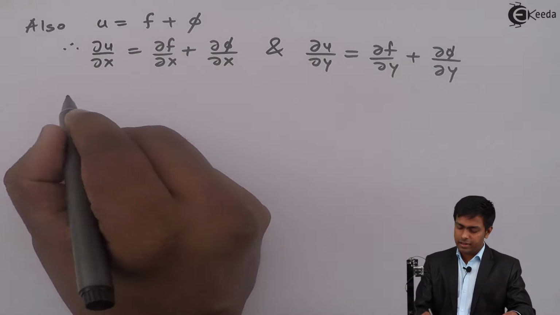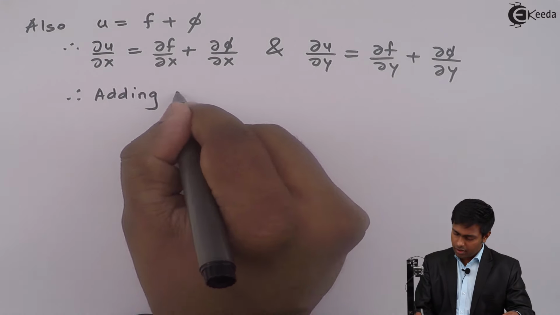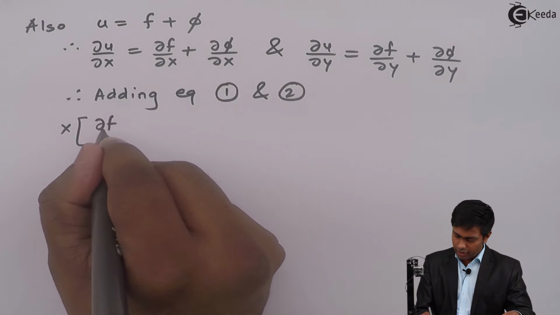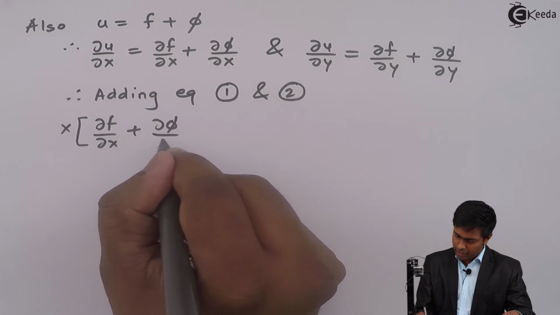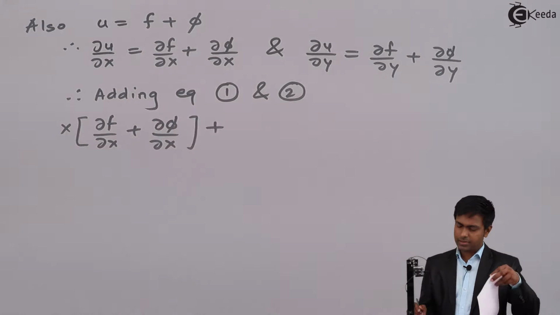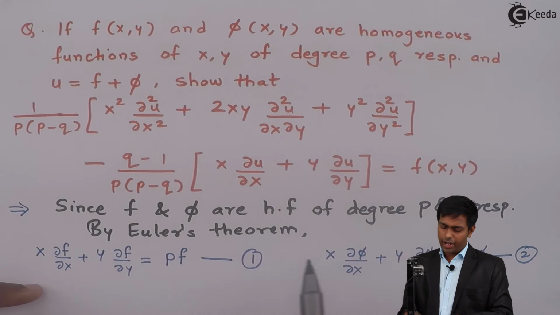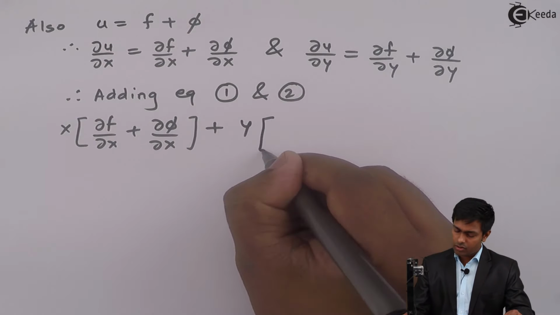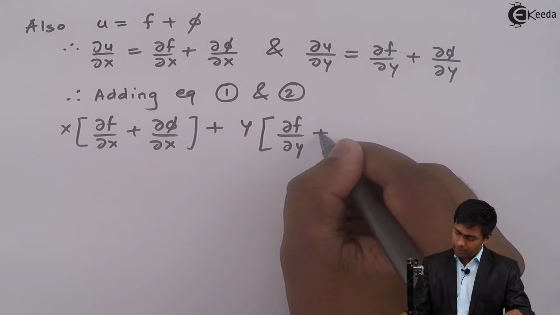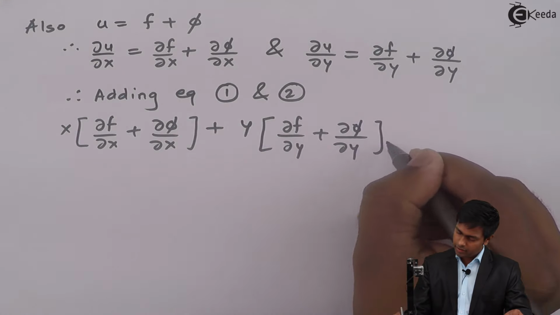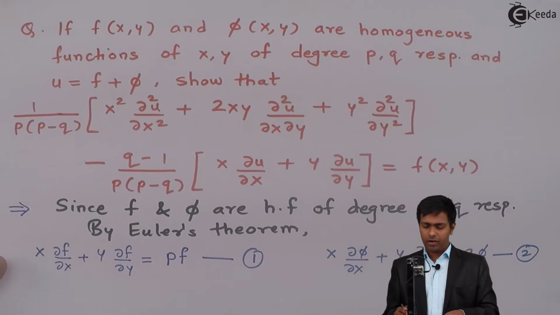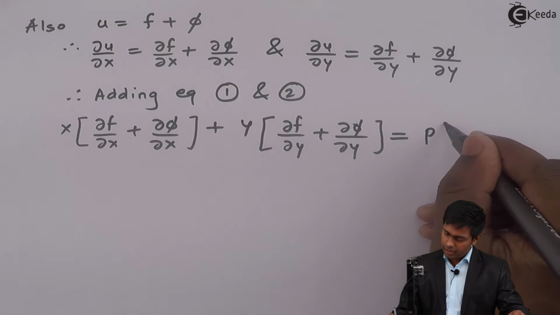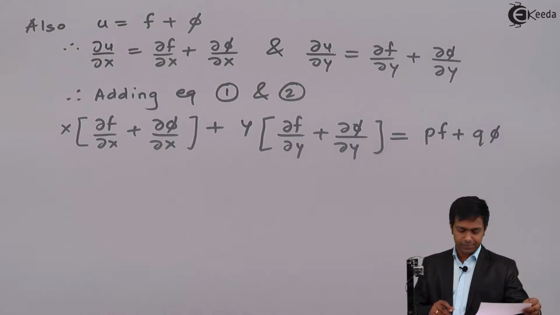So adding equation number 1 and 2, we'll get x in bracket dou f by dou x plus dou phi by dou x plus, now here we can take y common, dou f by dou y plus dou phi by dou y in the bracket, is equal to, on the right hand side we have p f and q phi, so that is p f plus q phi.